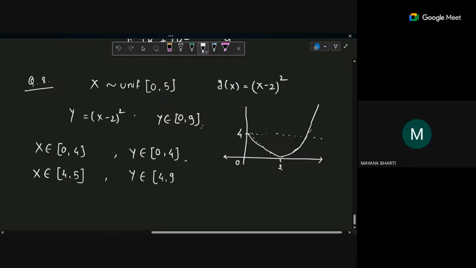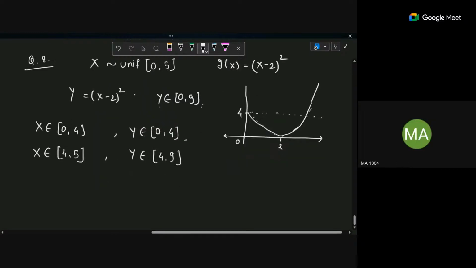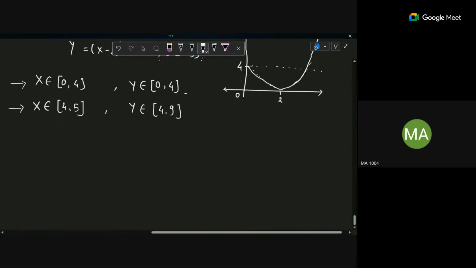So that's why we have to calculate this in two different manners. Let's take x lying between 0 to 4.